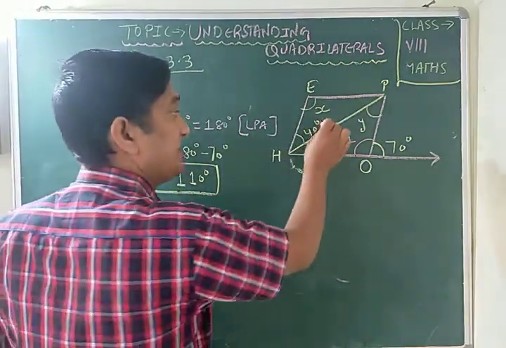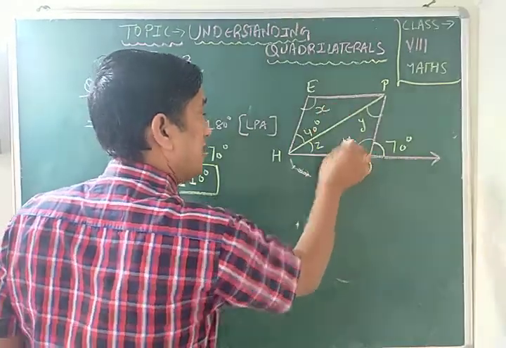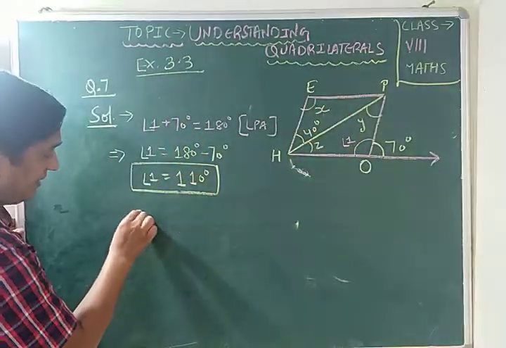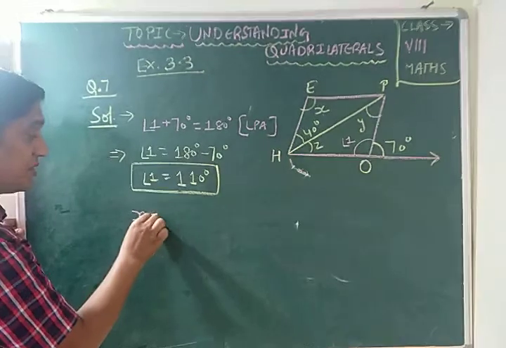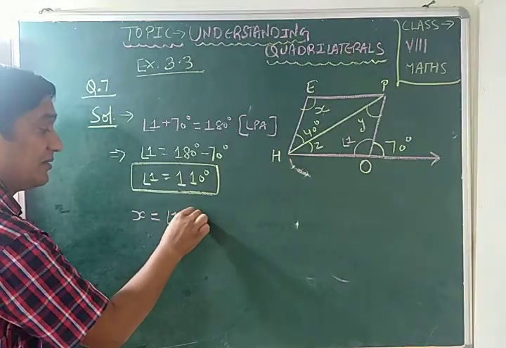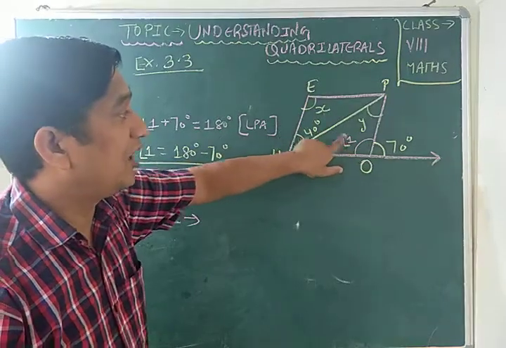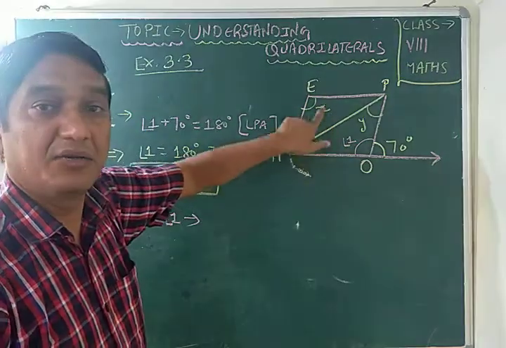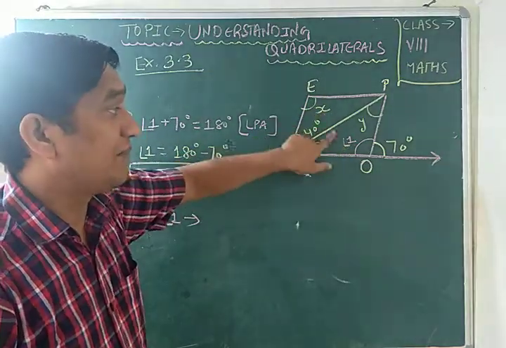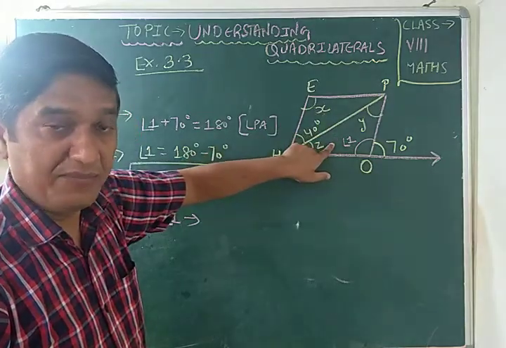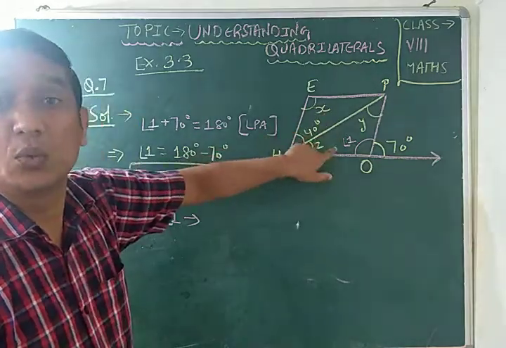Now find the relation between this angle x and angle y. Angle x is equal to angle y. Now children, we know that angle x and y are the opposite angles of a parallelogram, and if they are opposite angles of the parallelogram, they must be equal.